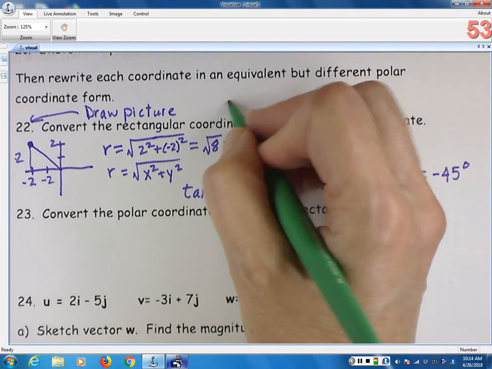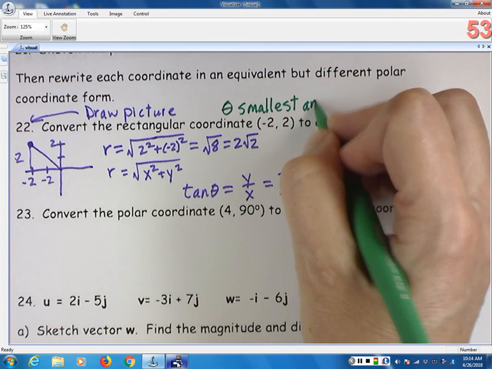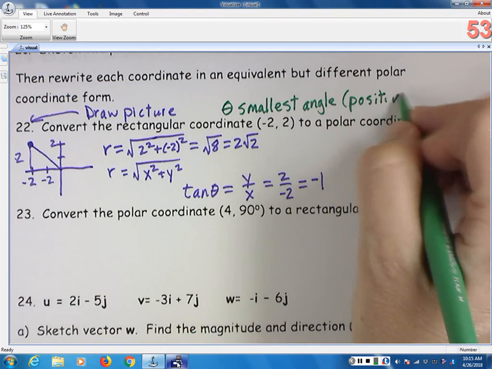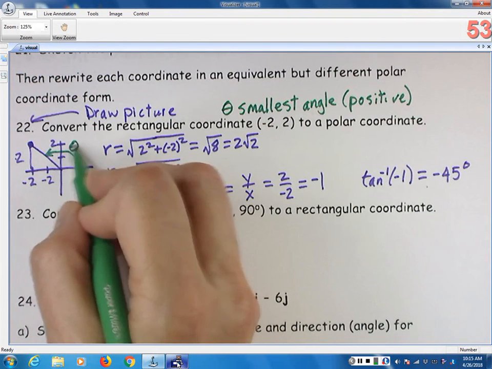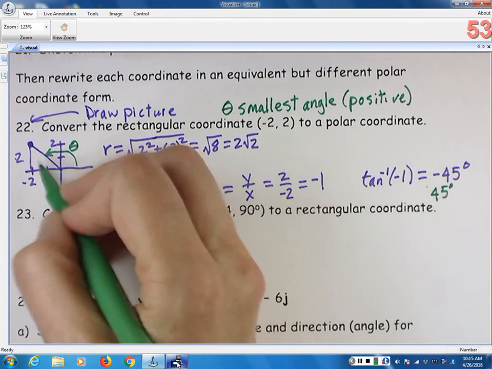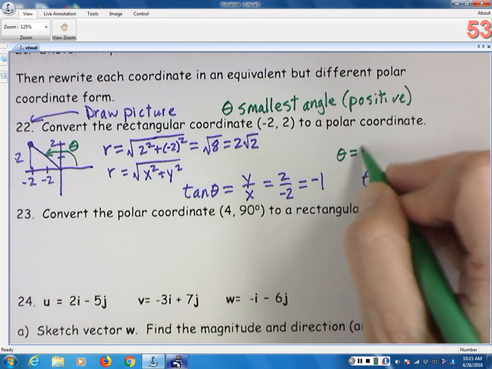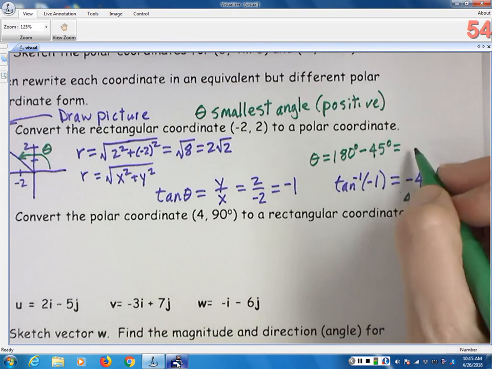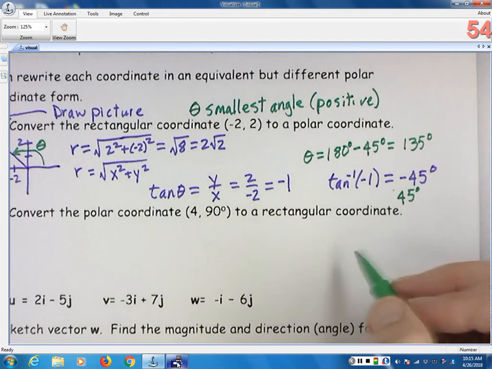Theta must be the smallest angle, and it's positive. And look where we drew it. So this is our theta. Our reference angle is 45 degrees, so take 180 minus 45. Theta is 180 minus 45. Is that 135? Yeah.